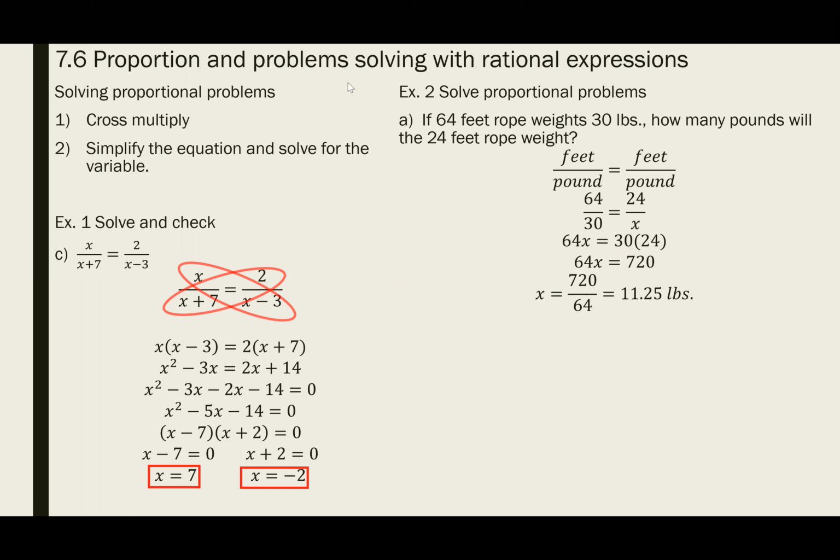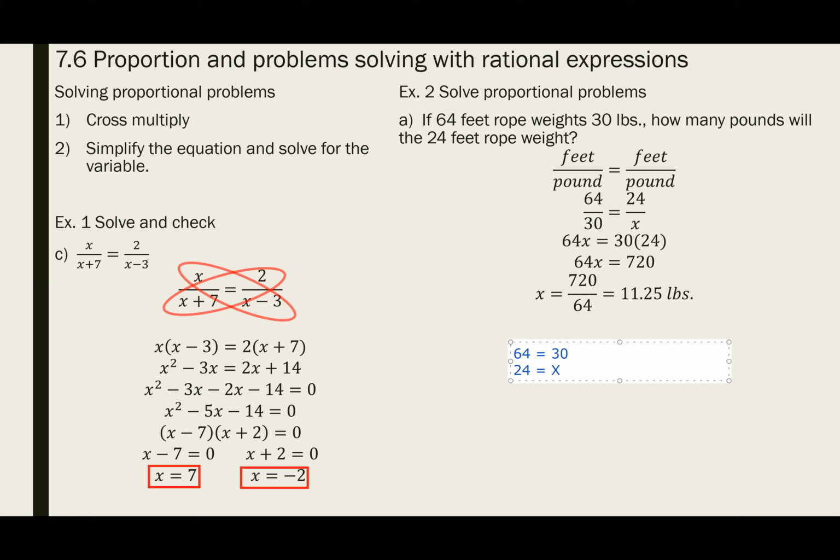If you want to do it this way, the book might tell you to do it this way. If we have 64 feet rope is equal to 30 pounds, and then on the bottom we have 24 feet rope equal to how many pounds, which is X, it is the same.